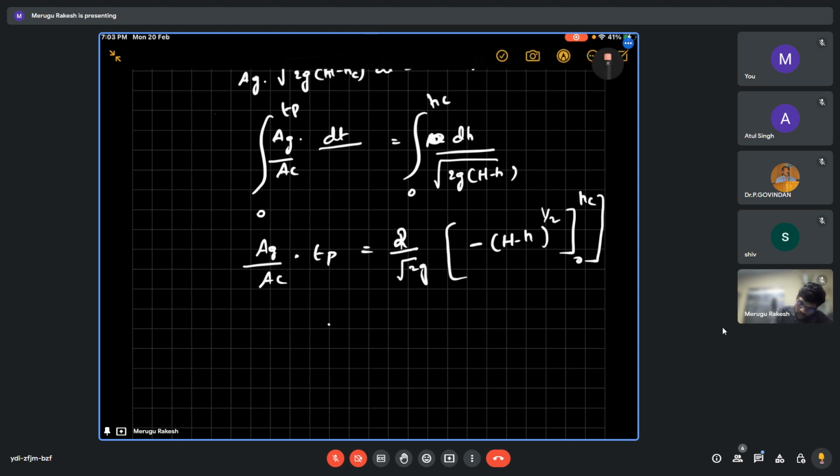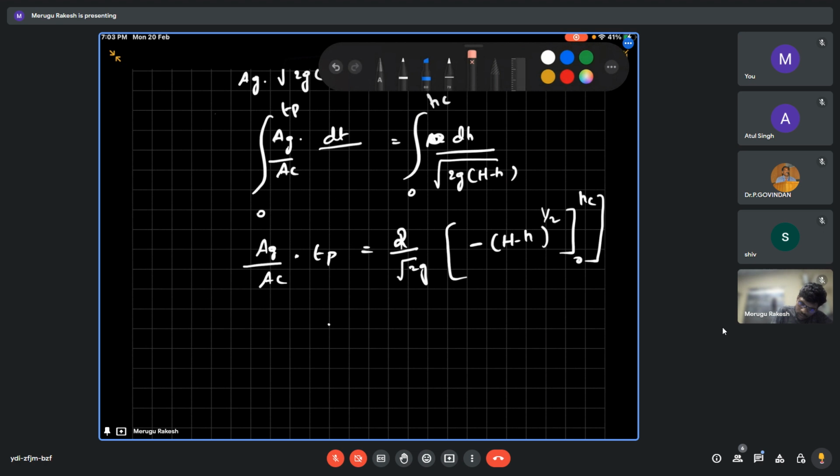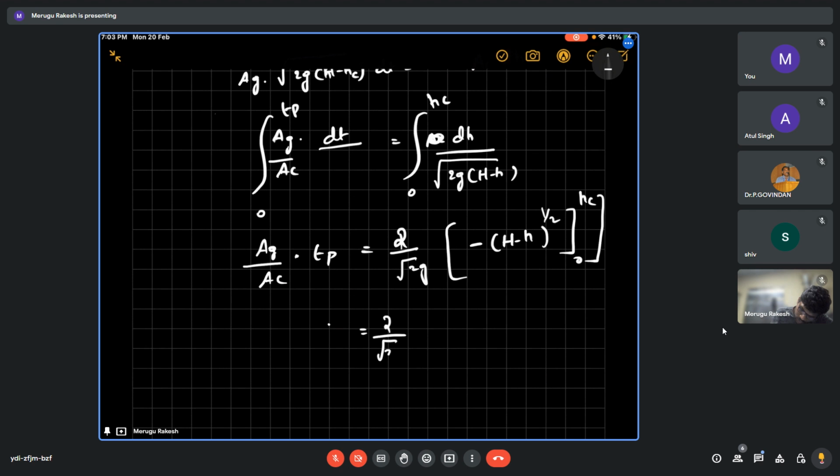So now it's simple. You just substitute root 2g. So minus, we keep hc, then H minus hc, minus into minus plus, 0 H, 1 by 2. Okay.